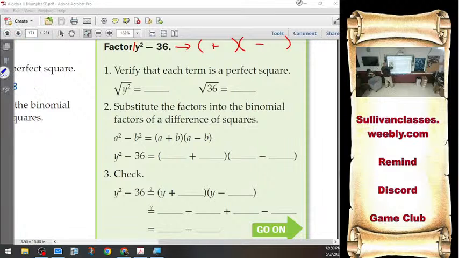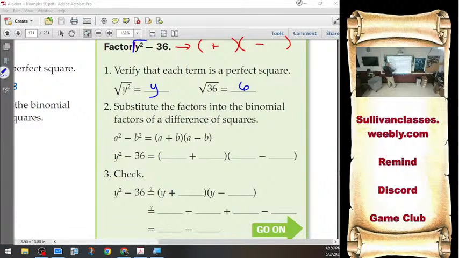So stage 1, they say do the square root of the first term. That's just y. Remember we always cut those variables in half to bring them out of radical land? Square root of 36 is 6. Substitute them in. This is called difference of squares.